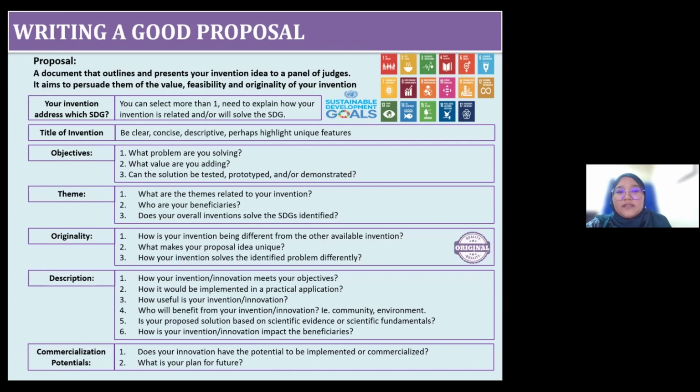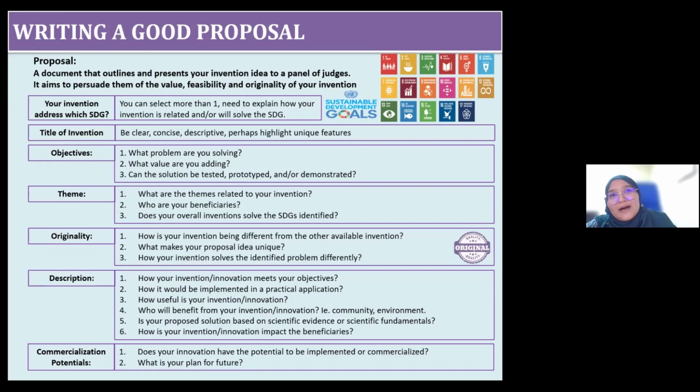The next one is giving a title for your invention. You have to be clear, concise and descriptive about your invention or innovation, and perhaps highlight its unique features.